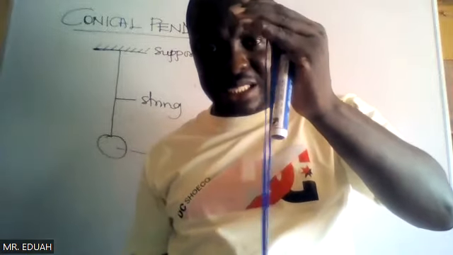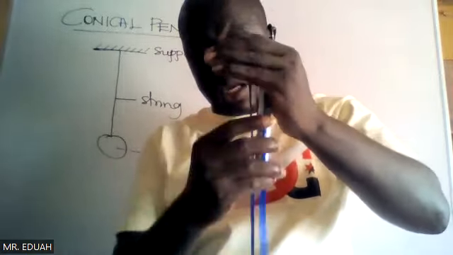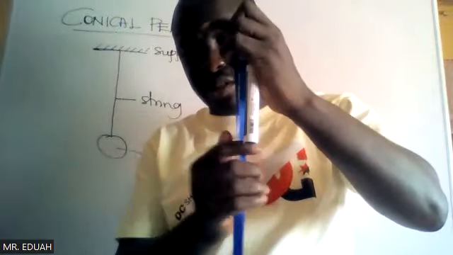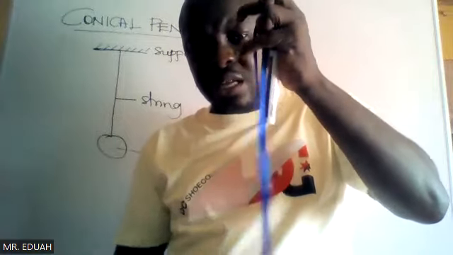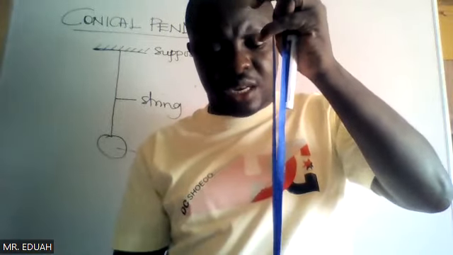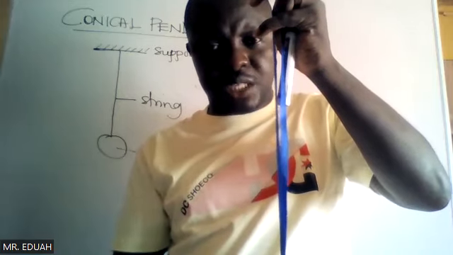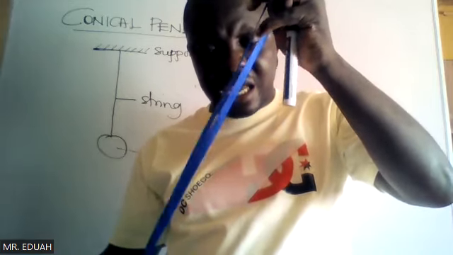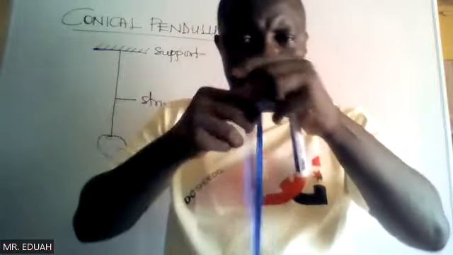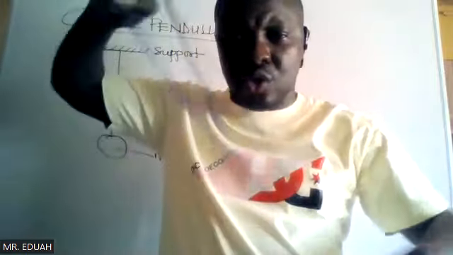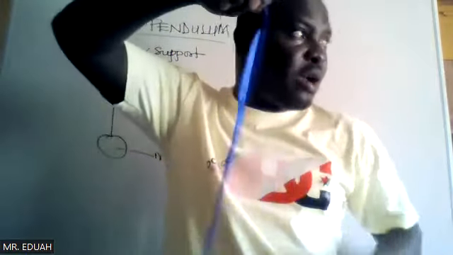Initially, it's like this, okay? Then this is an imaginary vertical. The marker represents an imaginary vertical. Then when the body is given a small angular displacement like this, and then made to oscillate like this.